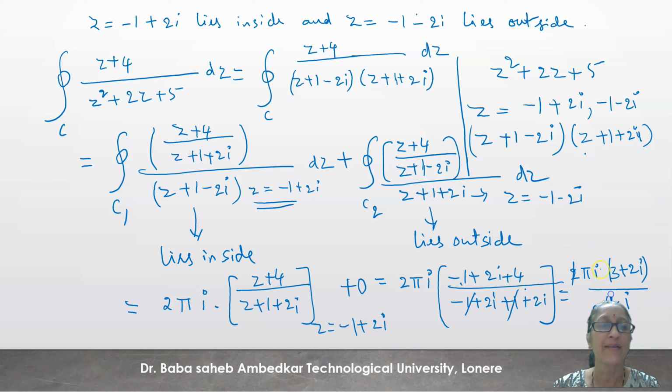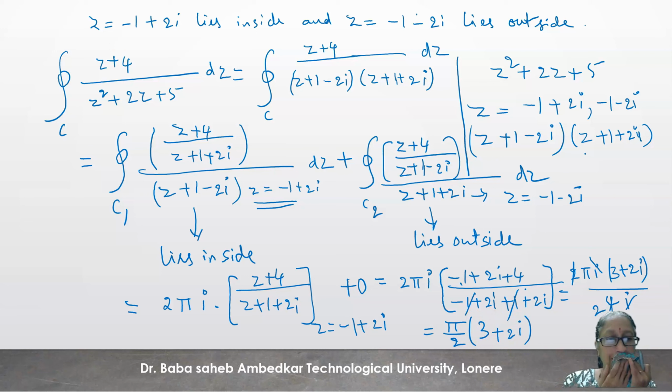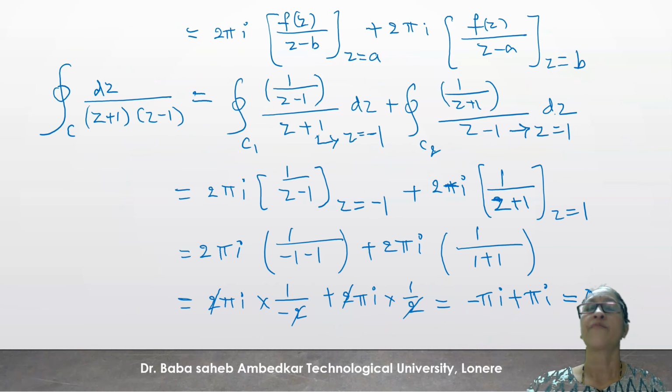The i will get cancelled, so the final answer is 5 by 2 times (3 plus 2i). This is the solution of this question. Let us see some more questions in the next session. Thank you.